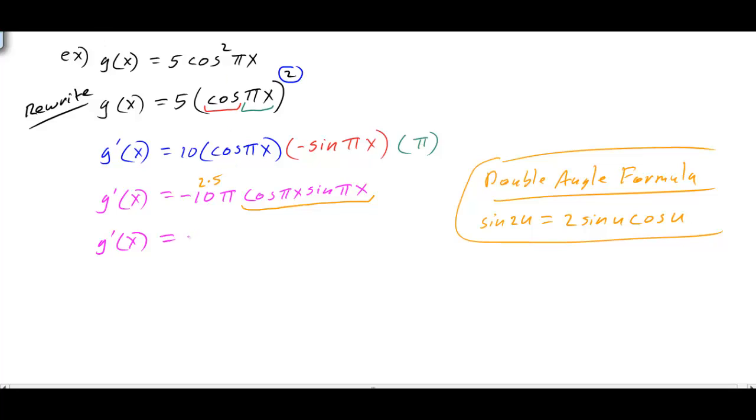So if I split that up, we could write negative 5 pi, and then we would have 2 times the cosine pi x sine of pi x. And now we have this 2 cosine pi x sine of pi x, which all of that is going to be equal to the sine of 2u.